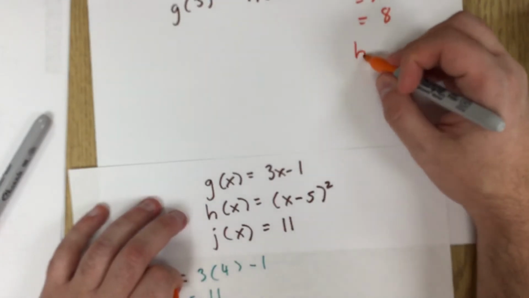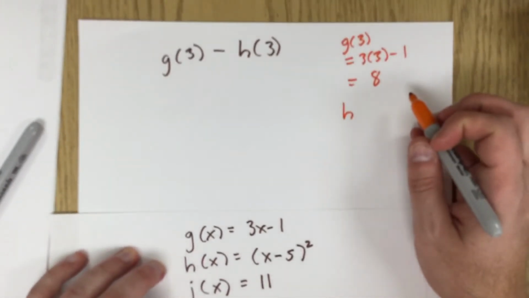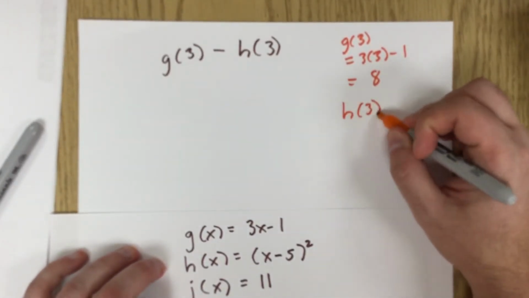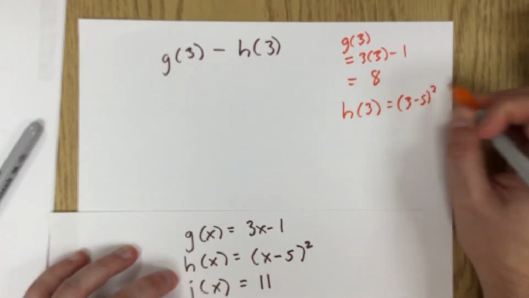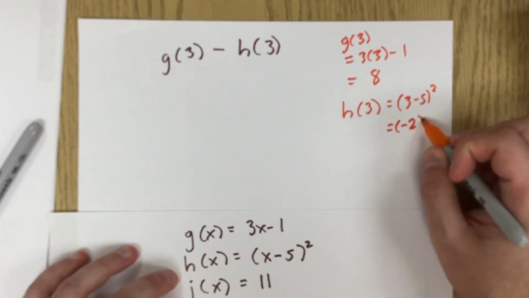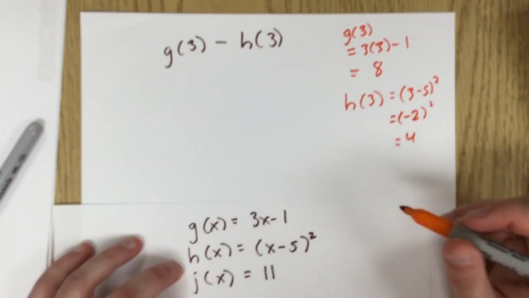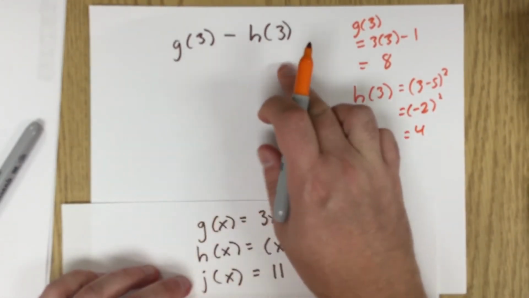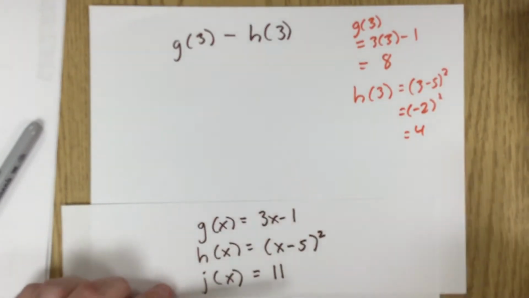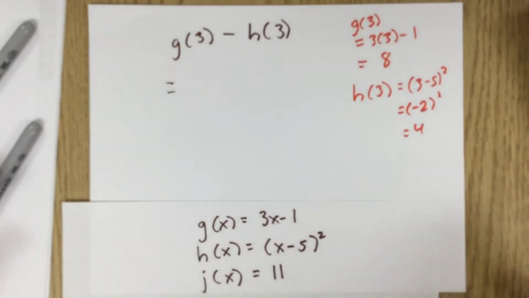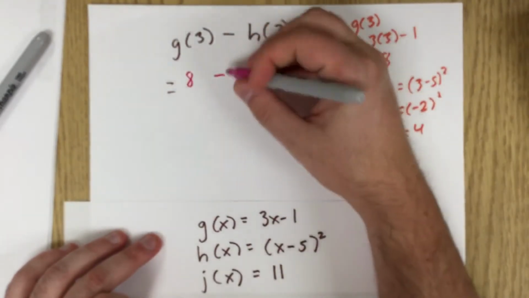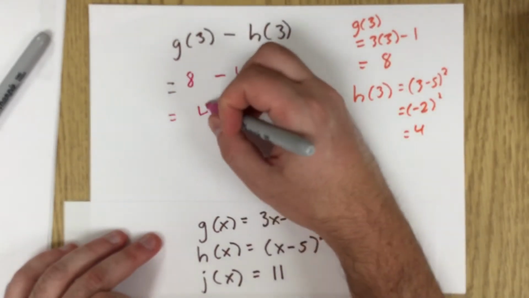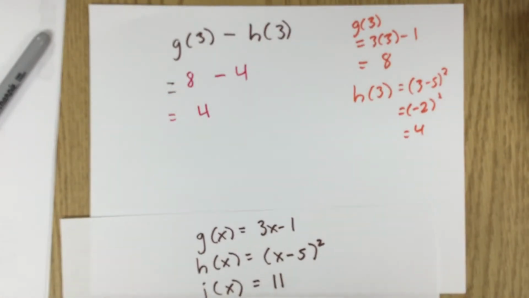And h of 3 is 3 minus 5 squared, which is negative 2 squared, which is positive 4. So g of 3 minus h of 3 is 8 minus 4, which is 4.